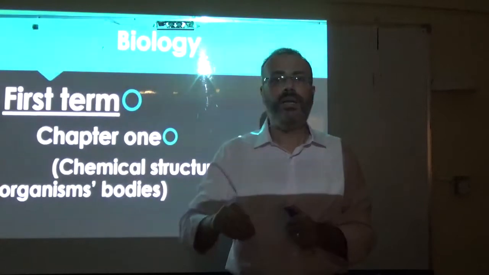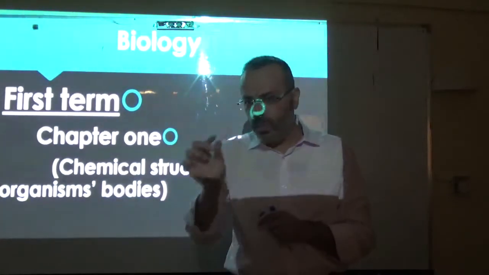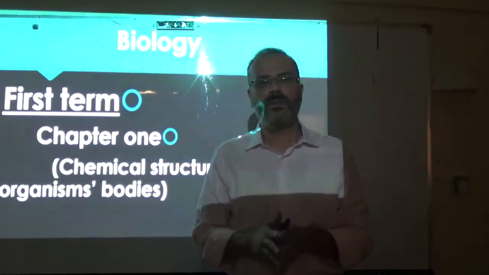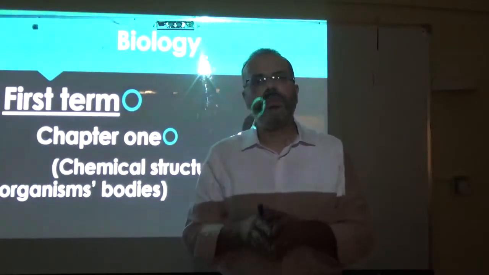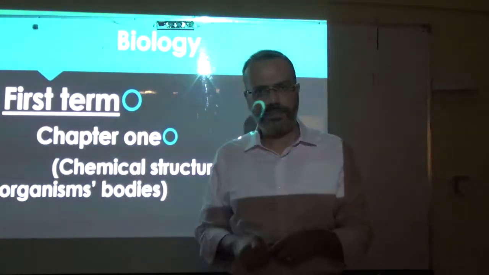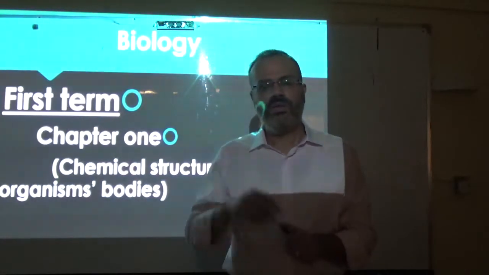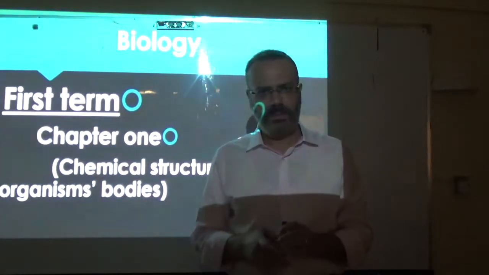Inside each cell, there is a group of organelles, small organs inside the cell. We want to know now what the components inside the cell are, what chemical compounds are found inside the cell.